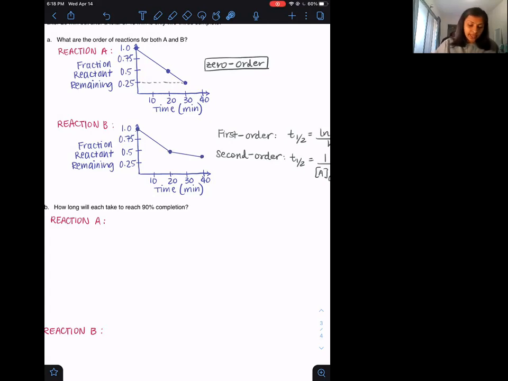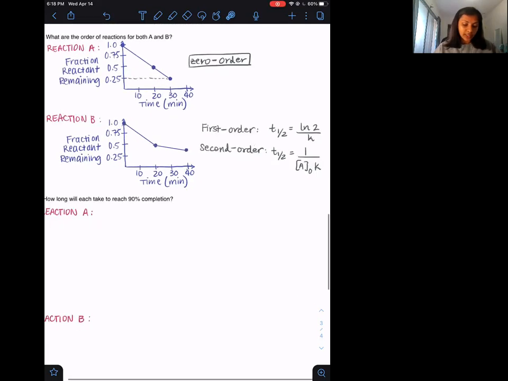So there is a greater decrease in reaction B between the 0-minute and 20-minute time points than between 20 minutes and 40 minutes. And that means that over time, the reaction seems to slow down. From this graph, we can see that the rate of reaction B, first of all, does depend on the reactant concentration at a given time. So we know that reaction B is not a zero order reaction.